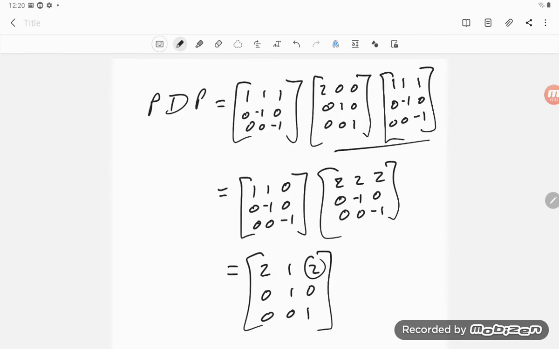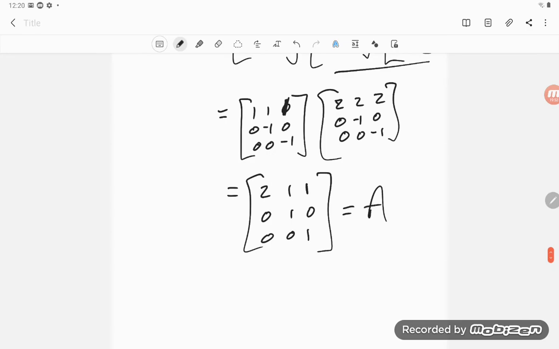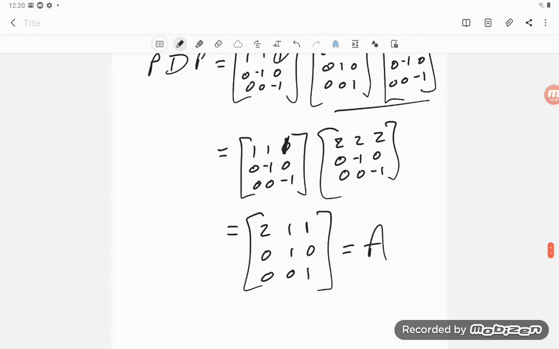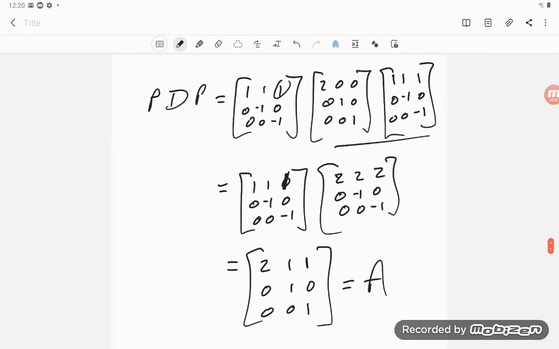And then the top, I get a 2. Oh, silly. Okay, and so that is indeed a 1, which is A. Okay, so that worked, and we were able to diagonalize A as this set of matrices.